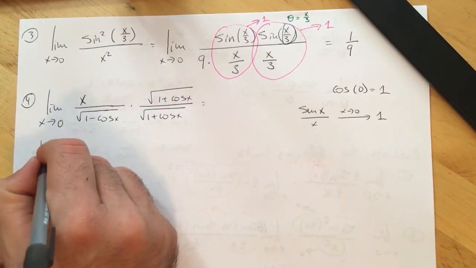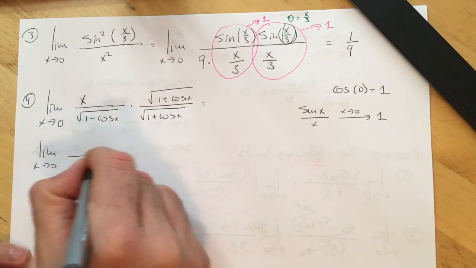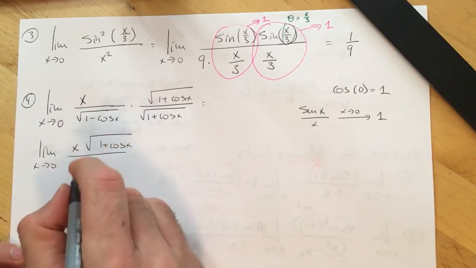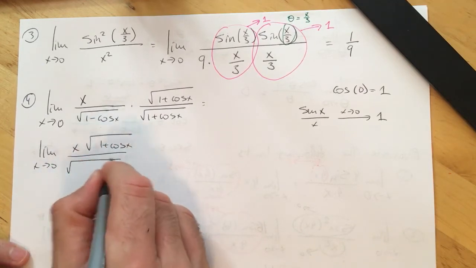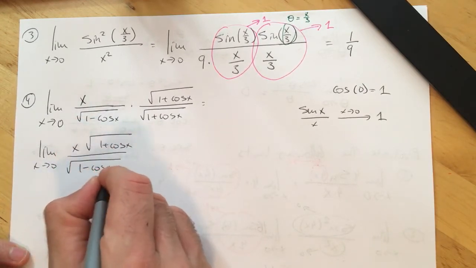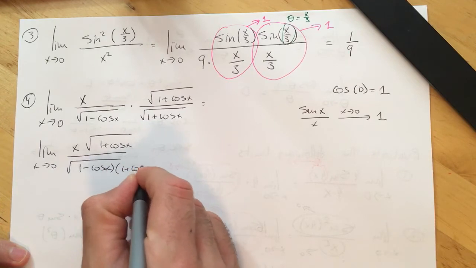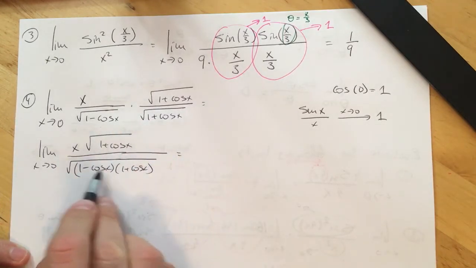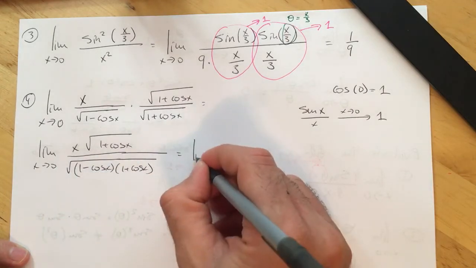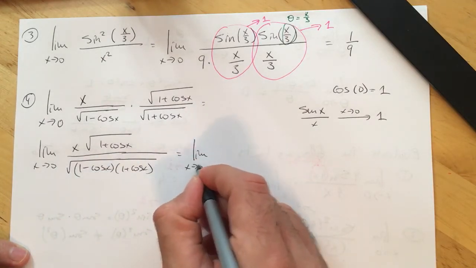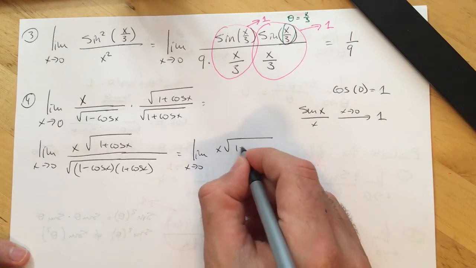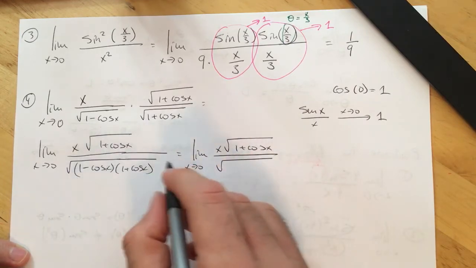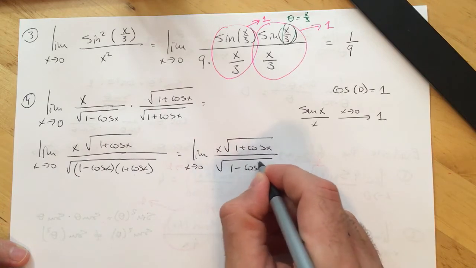So this is equal to the limit as x goes to 0, x times square root of 1 plus cosine of x, over square root of 1 minus cosine of x times 1 plus cosine of x. Okay, but this is a difference of squares. So this is equal to the limit as x goes to 0, x times square root of 1 plus cosine of x over square root of the difference of squares, that's 1 minus cosine squared of x.